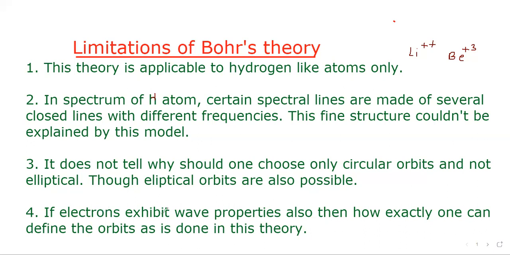And if electrons exhibit wave properties, so we know that anything that exhibits wave properties, its position can't be determined exactly. Then how can one define the orbits in such an accurate way?